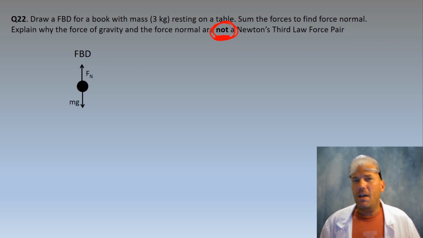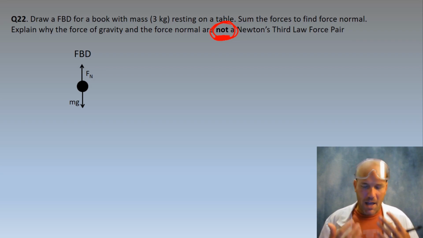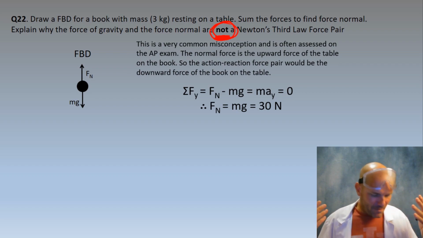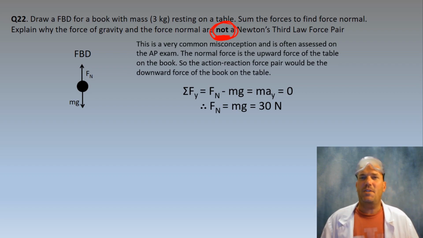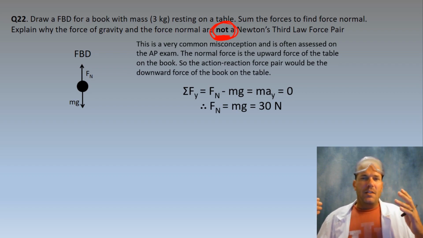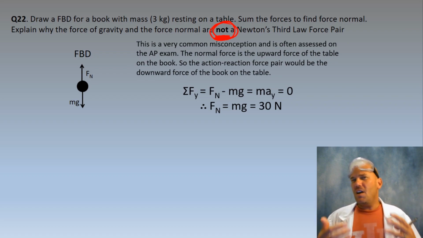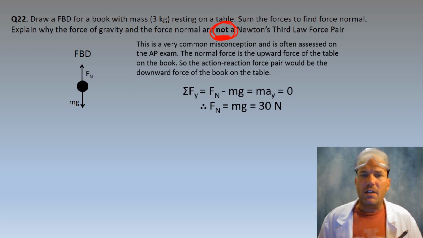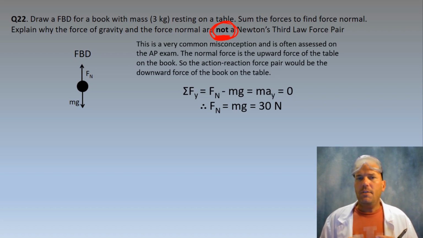Here's our free body diagram, equal in magnitude, opposite in direction. Okay? This is very common, this misconception that force normal is an upward force of the table on the book. Okay?